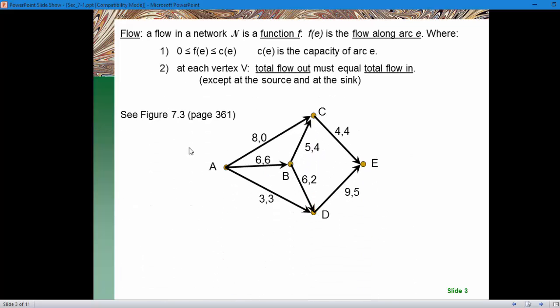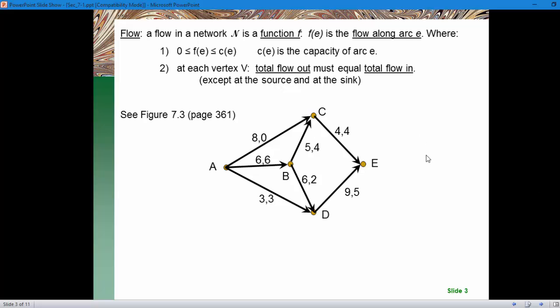One, the value of the function at each edge must be less than or equal to the capacity of the edge, and it has to be also non-negative. Number two, at each vertex, the total flow out of the vertex must equal the total flow in, with the exception of the source and the sink.